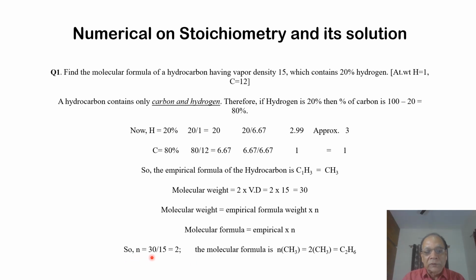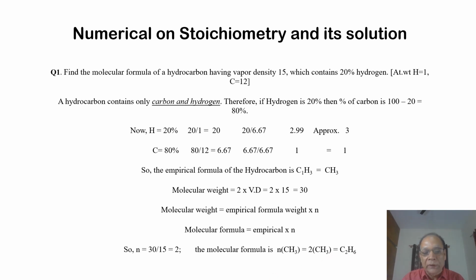Now, n is 30, that is the molecular weight, divided by the empirical formula weight, which is 15, so n is 2. Therefore, the molecular formula is n into CH3, which is 2 into CH3, because the value of n is 2, so C2H6.